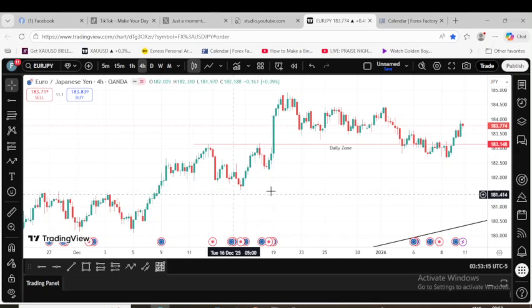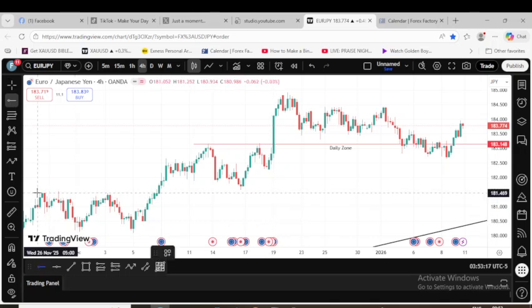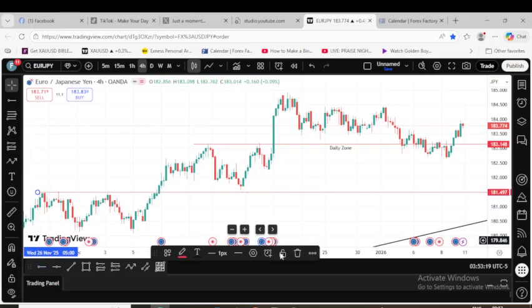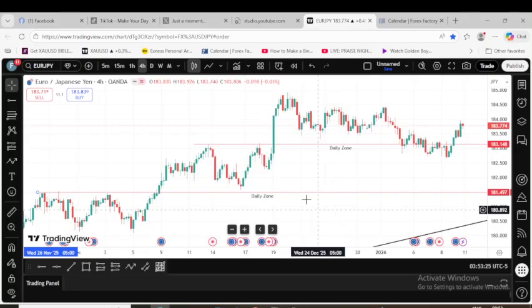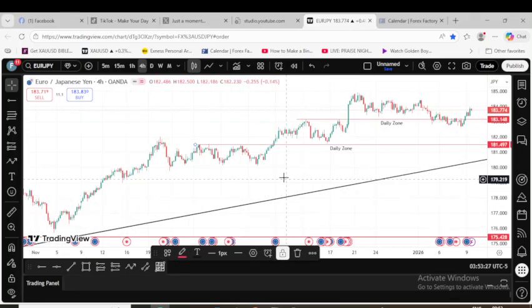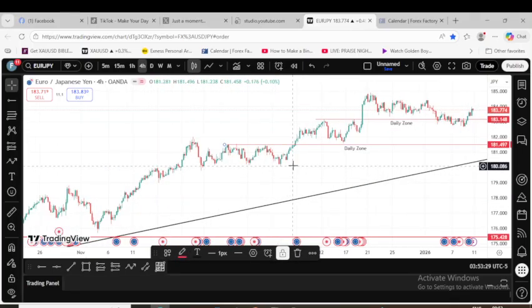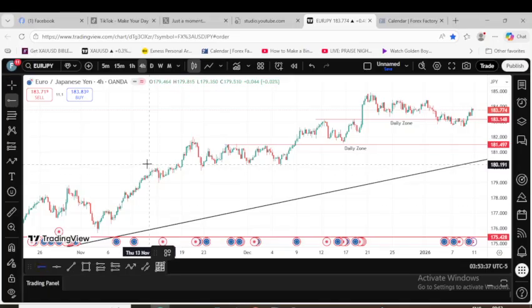We have another zone right around here. This is another daily zone. There's another zone right around here, another daily zone.